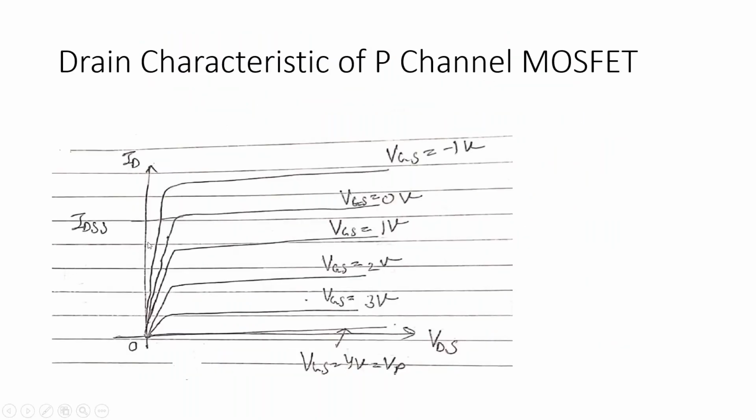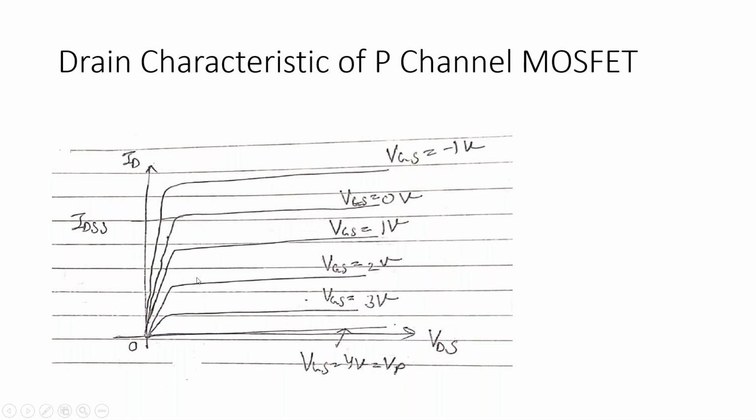Here you can see when VGS is 0, the maximum current is IDSS. The drain characteristic curve is this, the curve between ID and VGS. When VGS is 0 volt, the maximum current flow is IDSS.